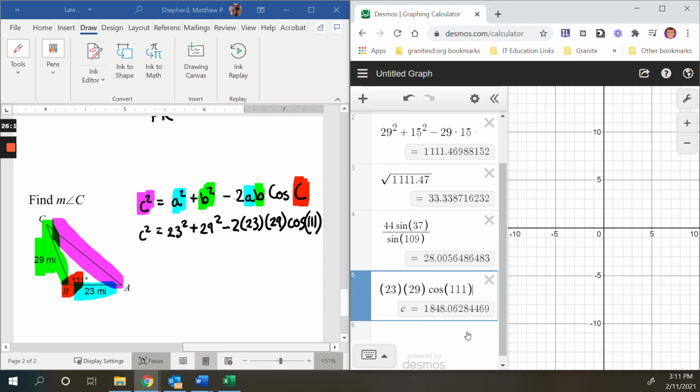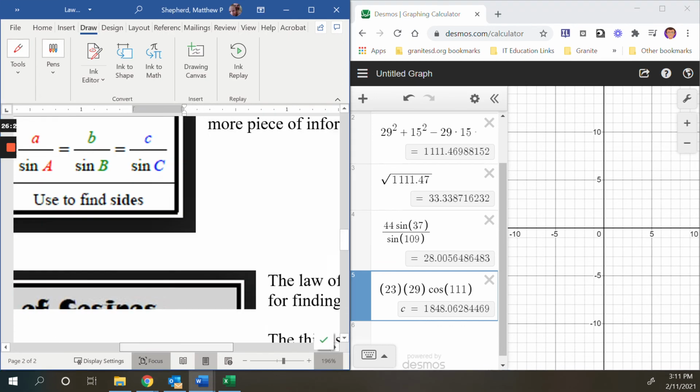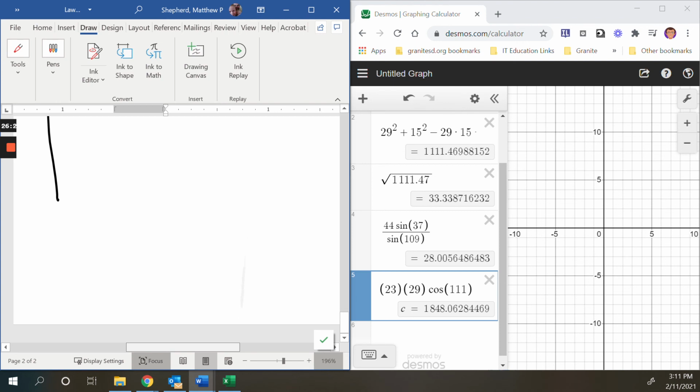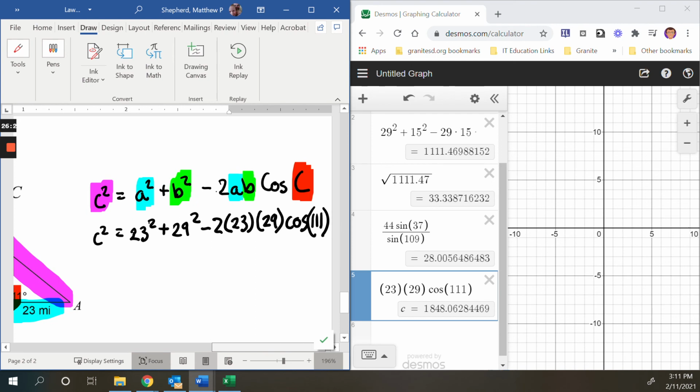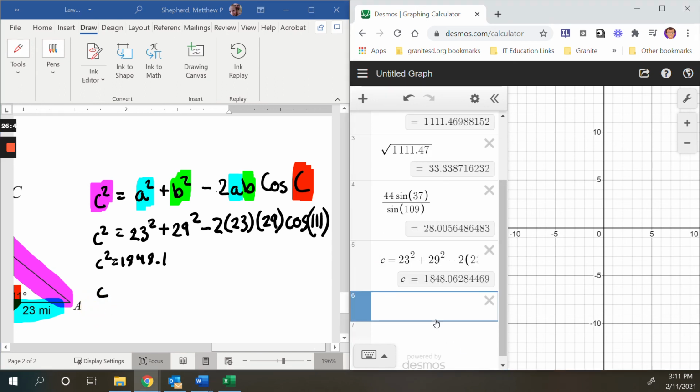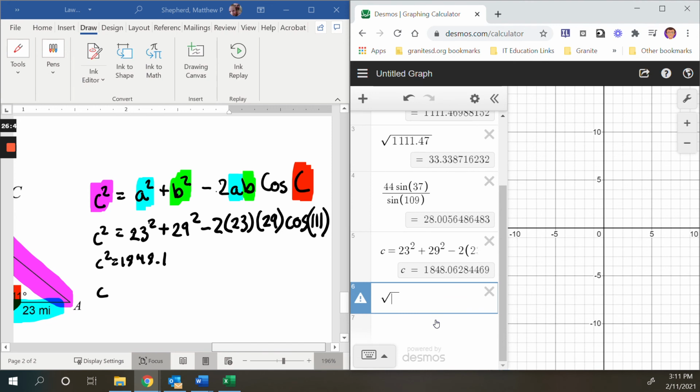Now, remember, all that told me is what c squared is. So c squared is equal to 1,848.1. So I need to take the square root of both sides. Now notice I went ahead and called that c, so I'm just going to do SQRT of c, so of this thing above. So that'll be 42.99.